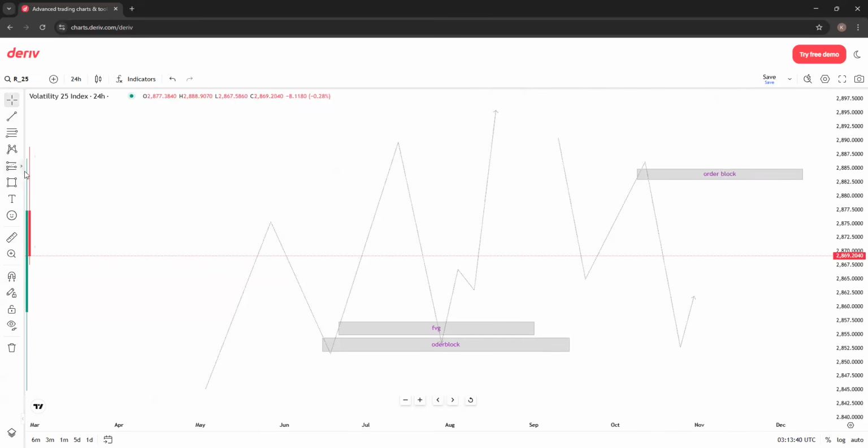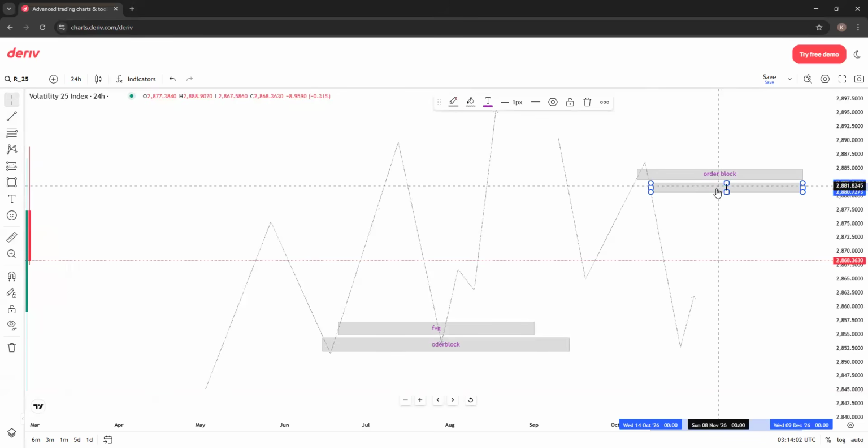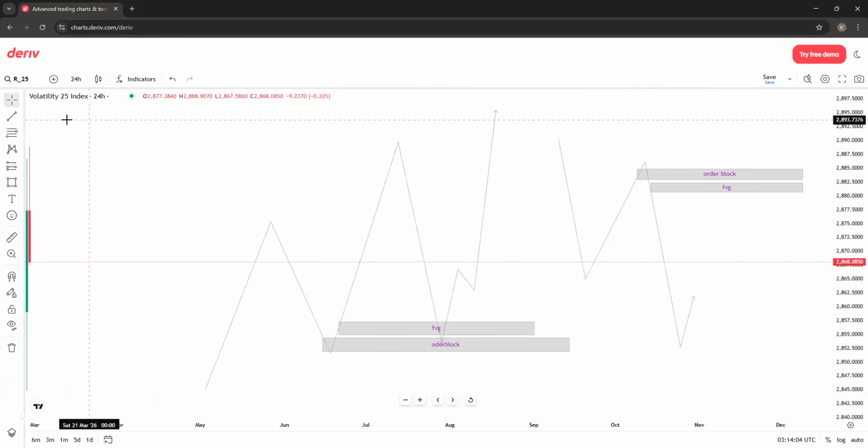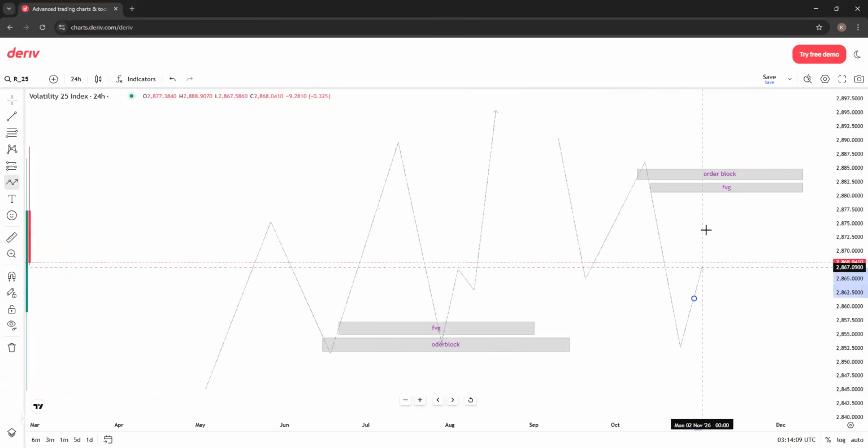And just at the bottom, we can be having our gap like this. So we can also write our fair value gap. So this can be our FVG. And what we often discover is price will come back to that area, fill the gap, and sometimes just tip in the order block as well and then go down.